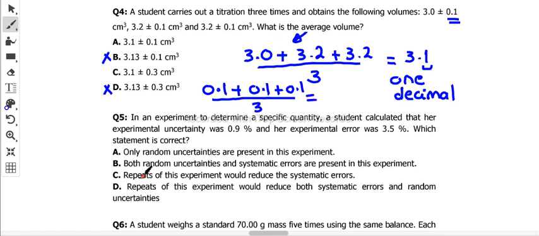So it would be 0.3 divided by 3, and your final answer is plus or minus 0.1. So the average absolute uncertainty is the same as doing the calculation using the average volume. So your final answer is 3.1 plus or minus 0.1, and it will definitely be answer A.